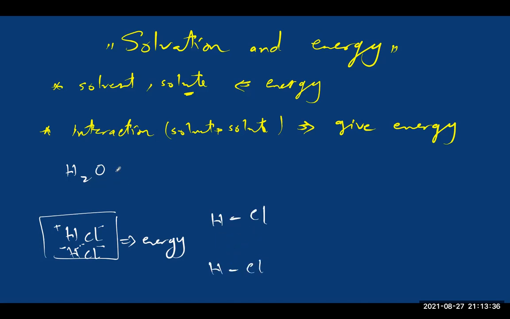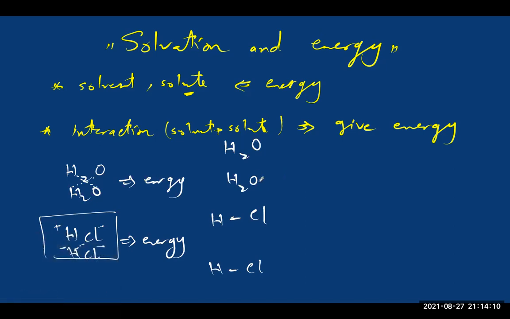And again, if we have water, we have H2O and H2O, so we have an interaction between oxygen and hydrogen from different molecules. So we need energy to remove this intermolecular force and make the H2O molecules separated from each other. Now we have the solvent and the solute with no interaction between their molecules. Now we will make the interaction between the solvent and the solute. This will be step number 2.